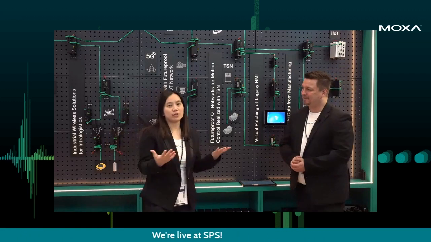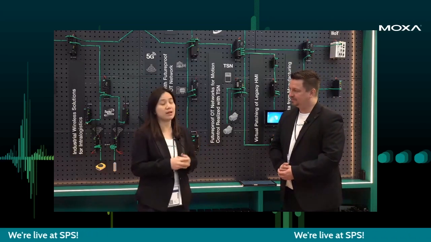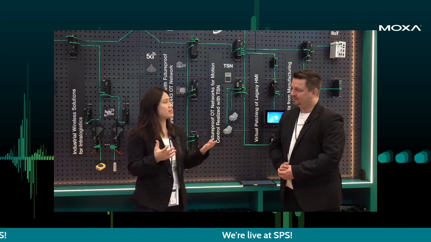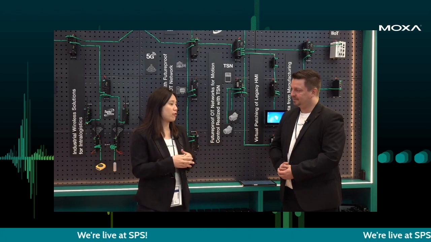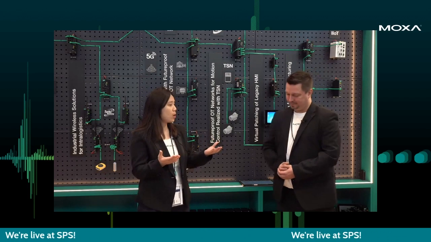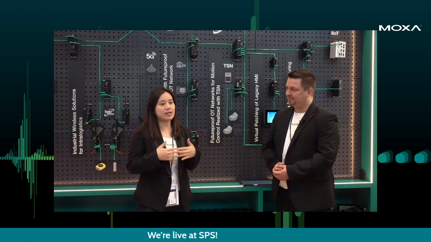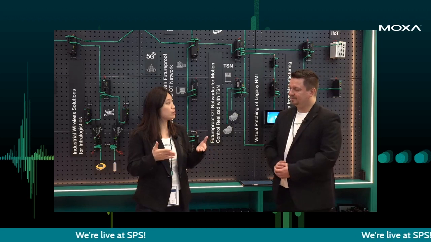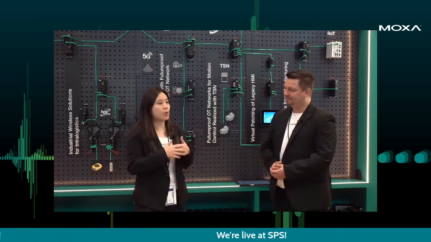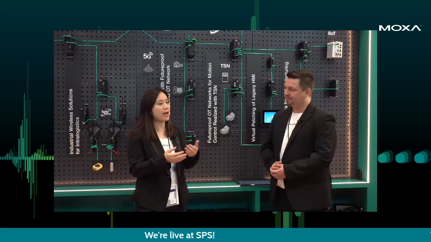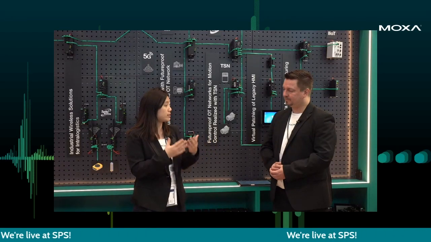I would like to start with how TSN has been involved with the market at Moxa. It's been discussed for quite a time, and we went through a lot of stages, starting from technical education, where markets started to know what the technology is. Then this technology started to be implemented in a conceptual realization, where we see how it really works and whether anything needs to be improved as a technology.